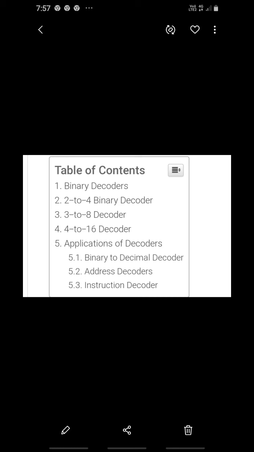And by using those different outputs, you can draw the logic diagram of the different decoders and their operation. And finally, the important applications of the decoder are studied in this class. Thank you.